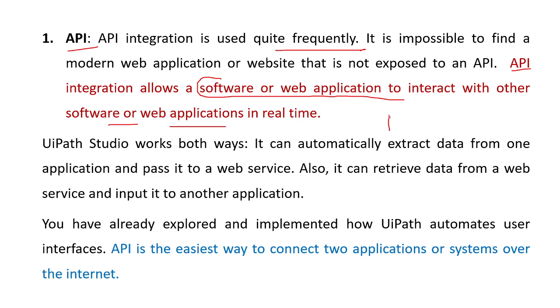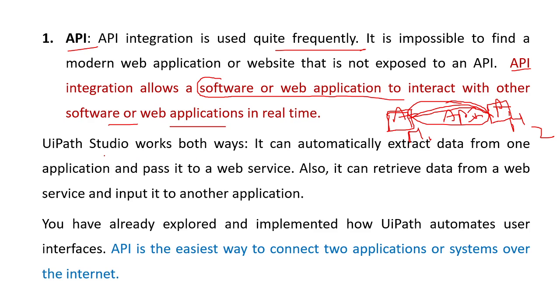See, let us assume that this is one software running on a machine, let us say M1, and there is one more web application or software running on machine M2, and if you want to establish communication from this application to this application, and this application to this application, then you can use a mechanism called API, it seems. So that is the main use of API. That's what the author is telling.